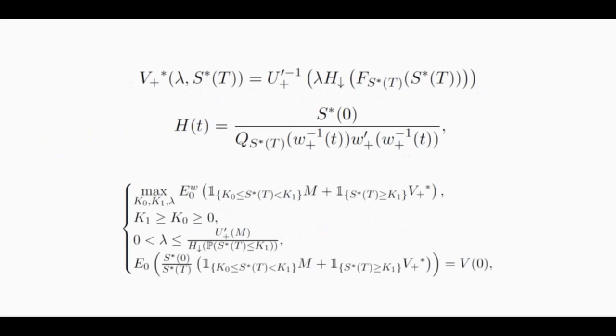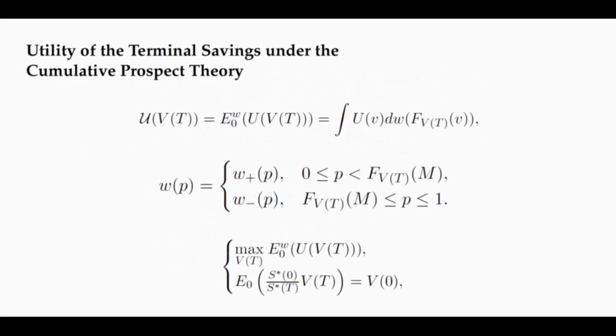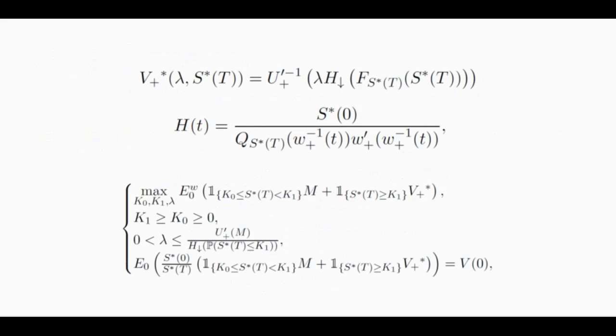So initially, our objective, our optimal investment problem is a functional optimization problem that optimizes a random variable. Finally, this problem is reduced to a 3-dimensional optimization problem that optimizes over 3 parameters.